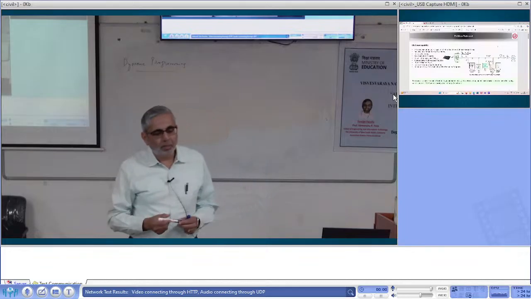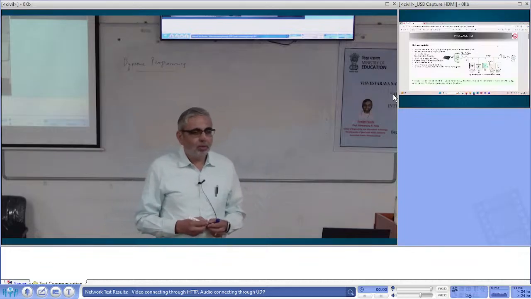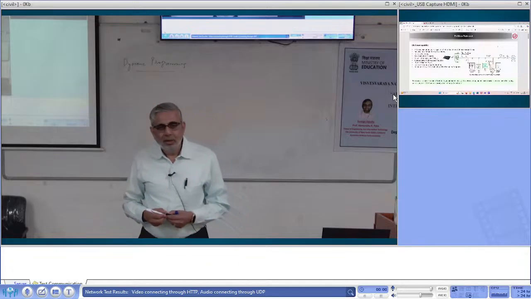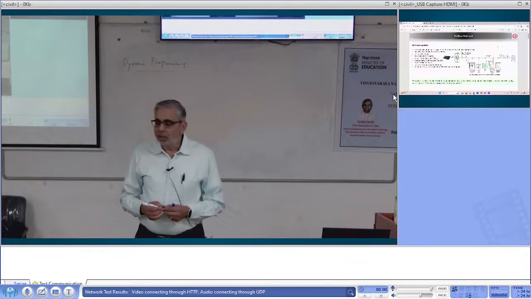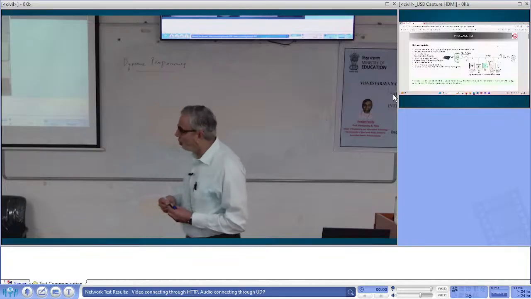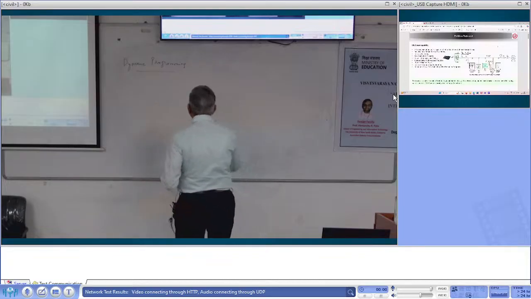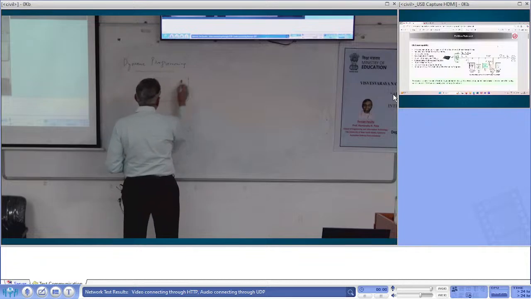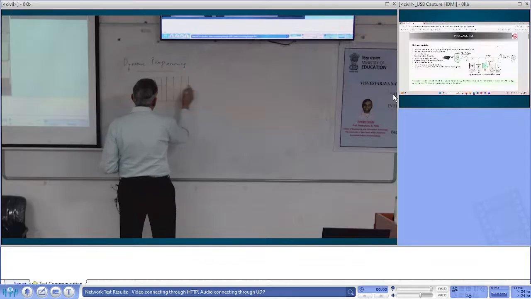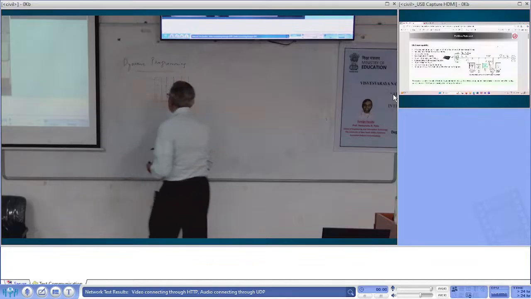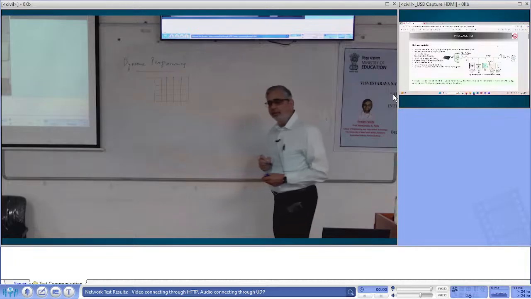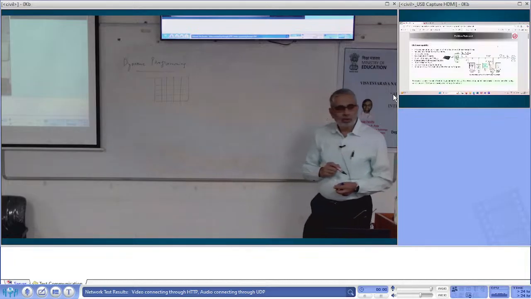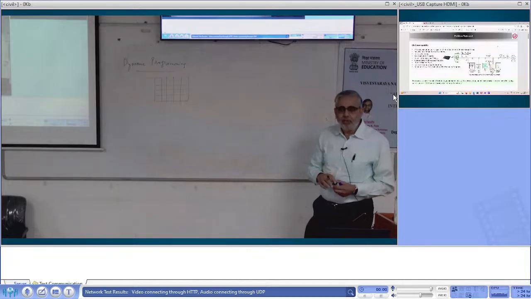Yesterday we made a table. What is it that you remember about the table? The table is very, very important. So in each cell, what did we put?